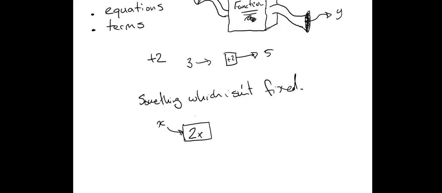That could be some number. So if we put x in, we times it by 2, we're going to get out 2 times x. It's a wonky x, but it's still an x. If we said let x be 7, then wherever we see the x, we're going to just paste in 7. So now 7 goes in there, and out is going to come 14.